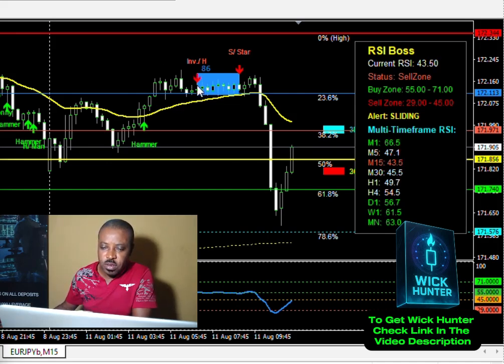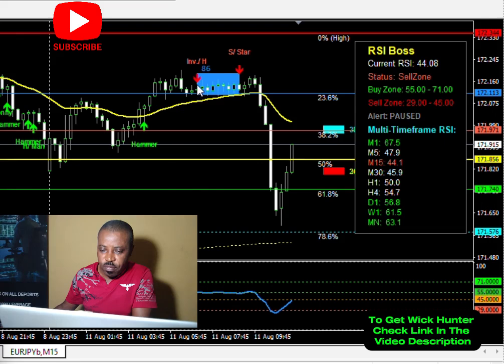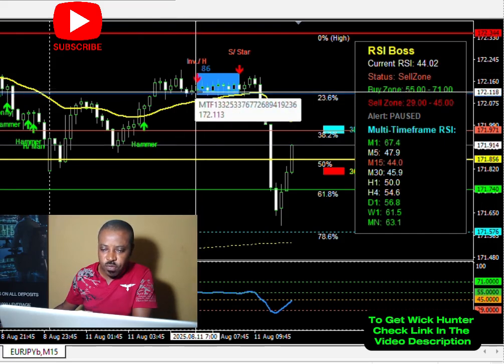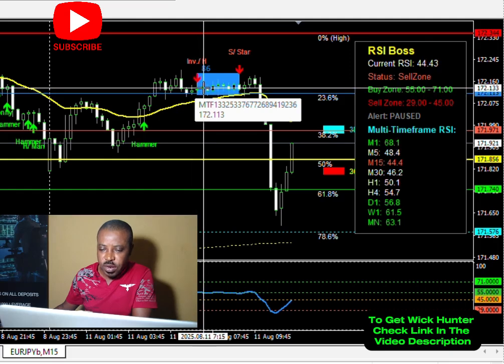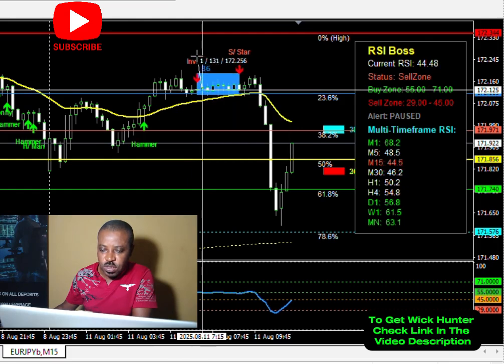Whenever you see your Wick Hunter signal, you want to confirm with your RSI, but your trade entry should be at the close of the signal arrow, and your stop loss should be above, not at the top of the arrow, but at the top of the label.